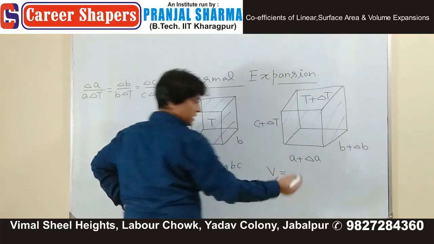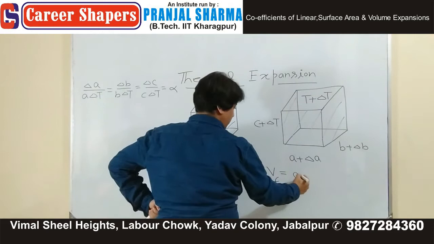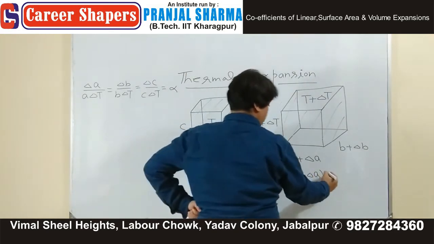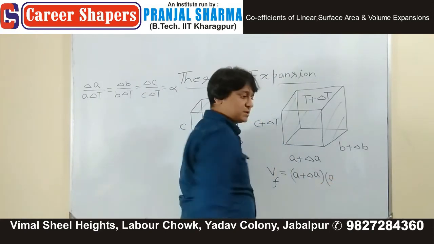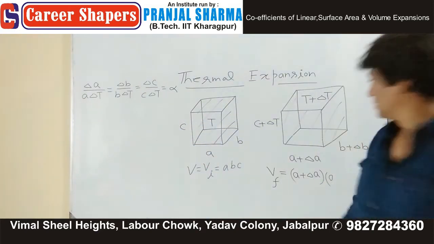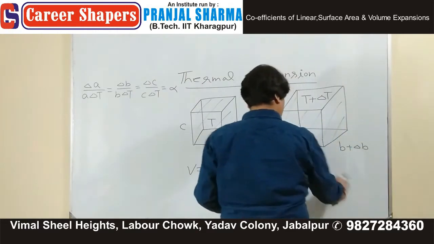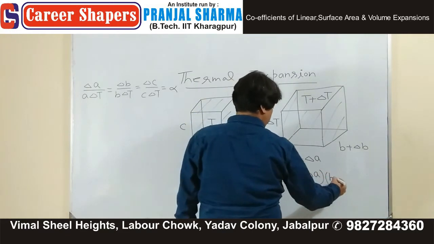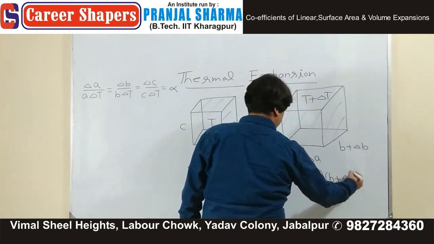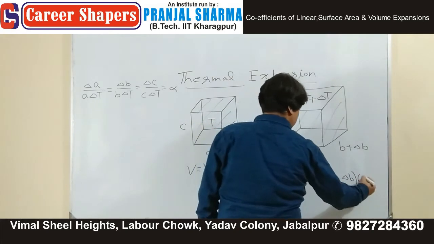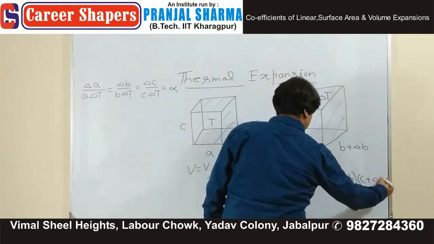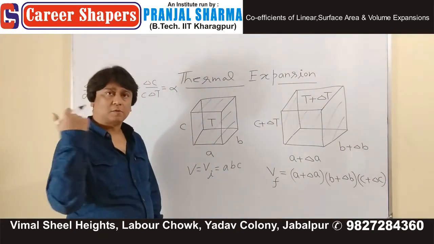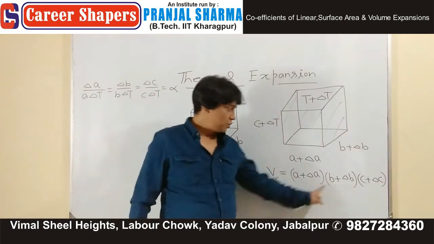V final is A plus delta A multiplied by B plus delta B multiplied by C plus delta C. Those of you who could not attempt this question, that's your V final.